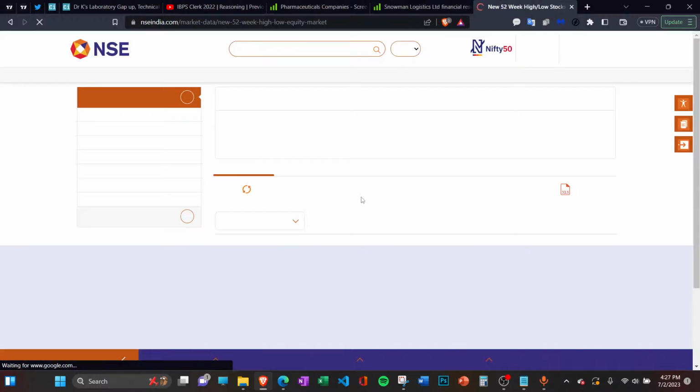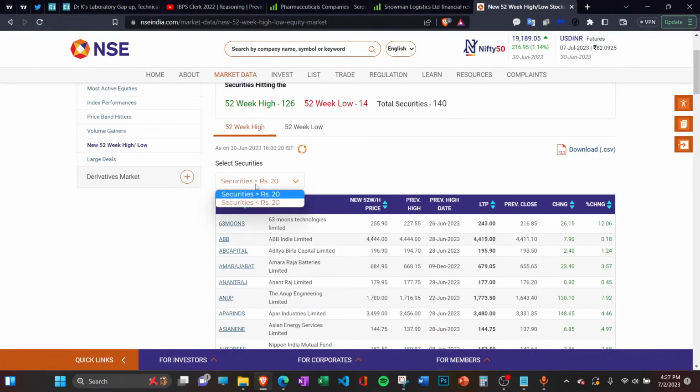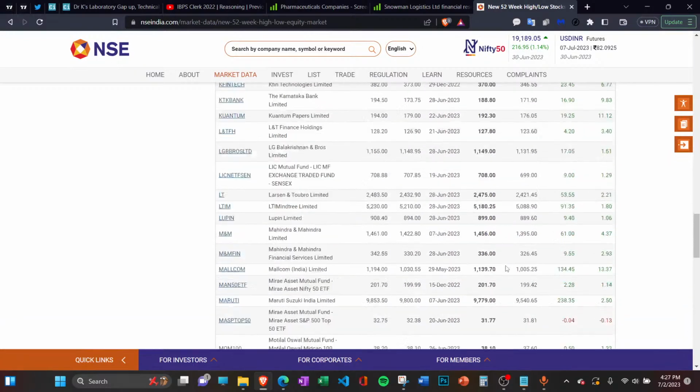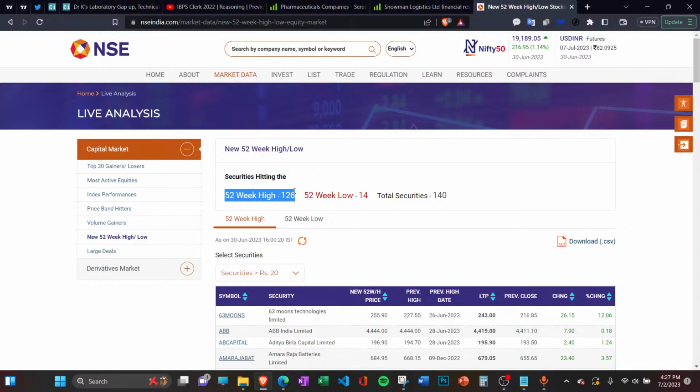Here it's showing the securities above the price of 20 rupees, so all the stocks above 20 rupees in the whole NSE listed universe. It will give you the number of stocks that are at 52-week high. As you can clearly see, it's 126, and 52-week lows are at 14.